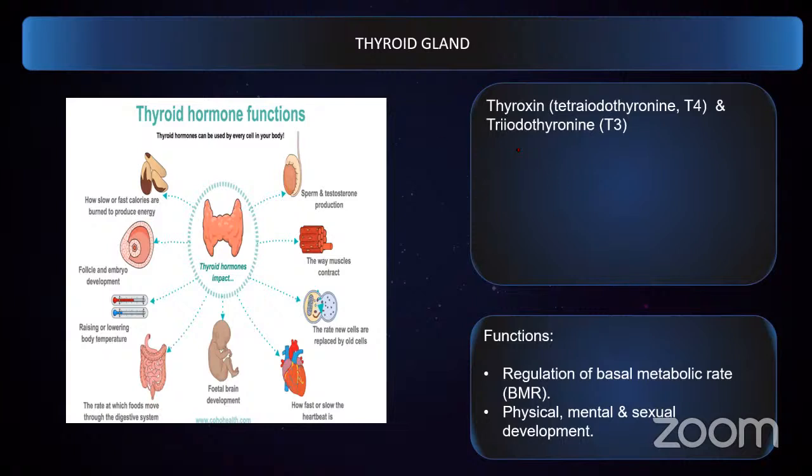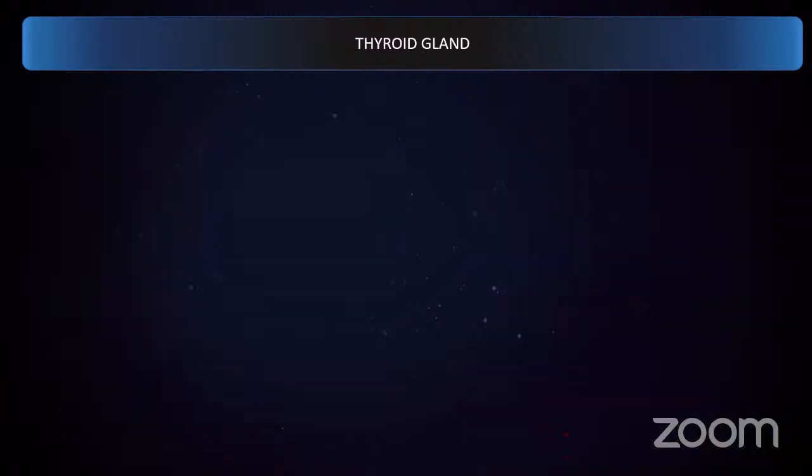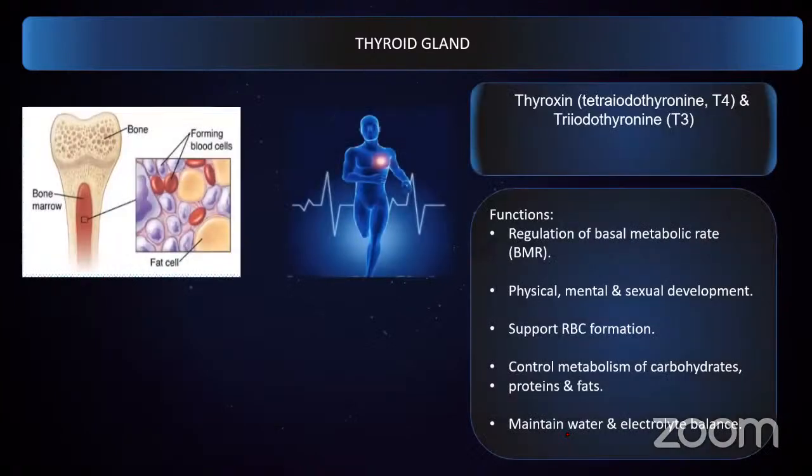T3 and T4 have influence in controlling the basal metabolic rate, also called BMR. They are also responsible for physical, mental, and sexual development of an individual throughout our lifetime. They also support RBC formation, control metabolism of carbohydrates, fats, and proteins, and maintain water and electrolyte balance.